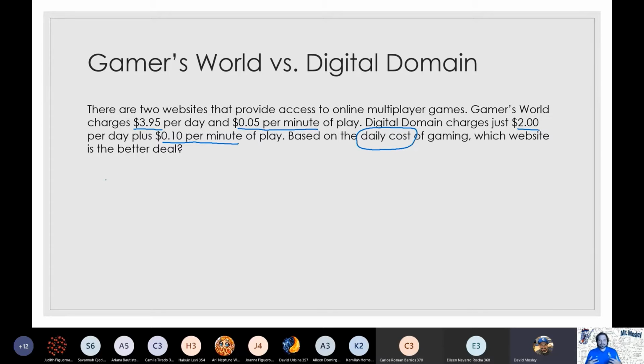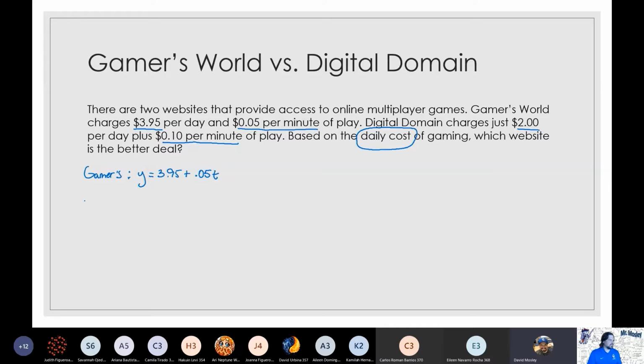All right, so now we're going to have two equations. The first one we'll use for Gamers World. Just say that's gamers. And for that, we have y equals the daily rate, $3.95 plus 0.05 per minute. Since I'm talking about time, I'm just going to say t.